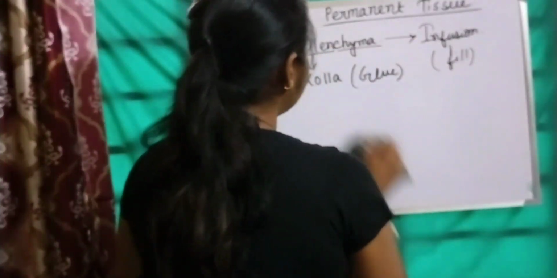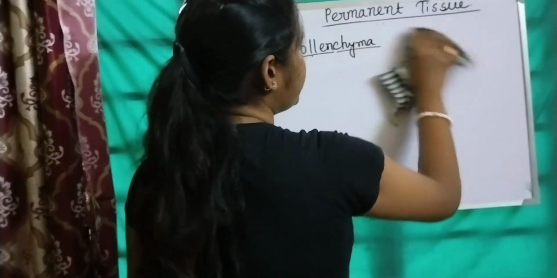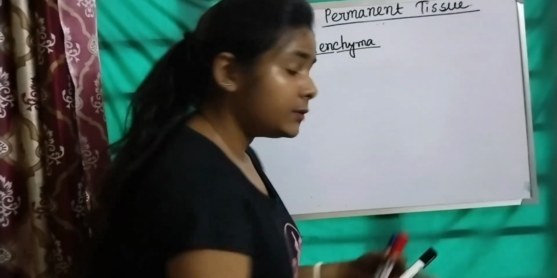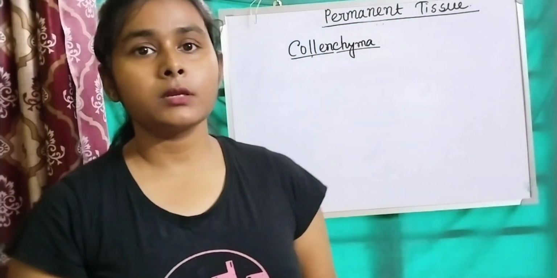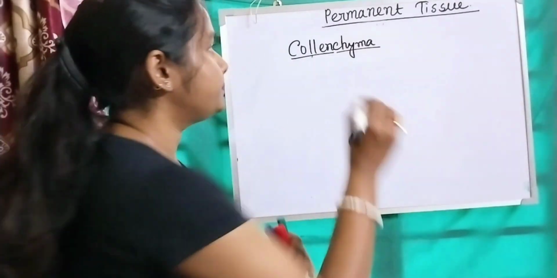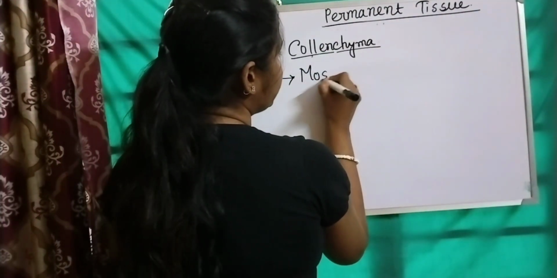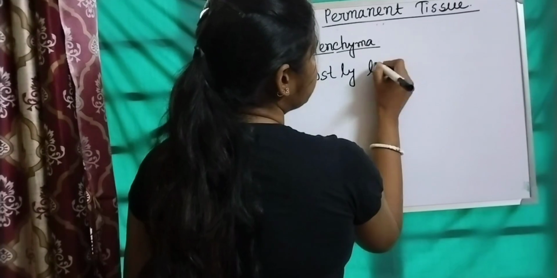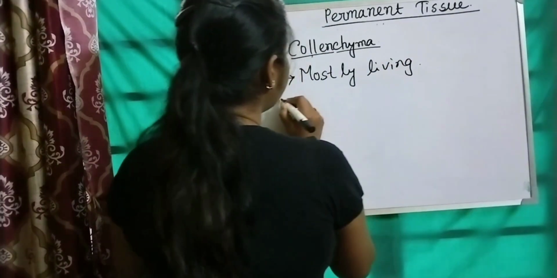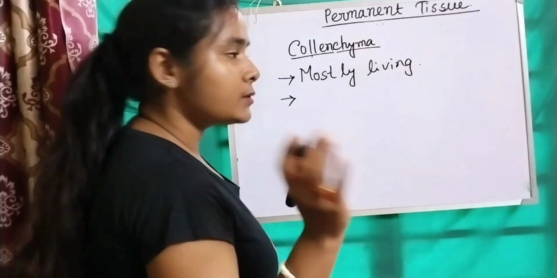Okay, so let's talk about the characteristics of the collenchyma tissue. Before knowing about the structure of the collenchyma tissue, we have to know a few things about it. The collenchyma tissue, mostly they are living, but in some parts of the plant, some dead tissue is also present.